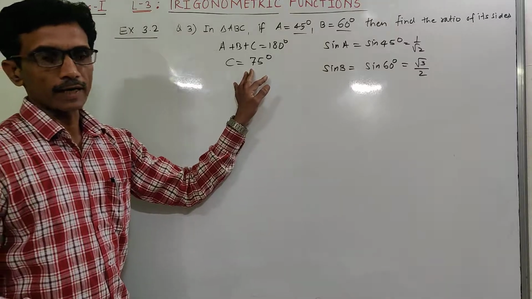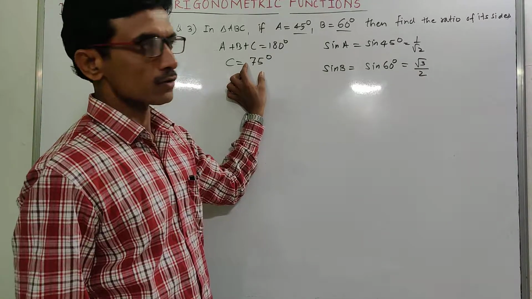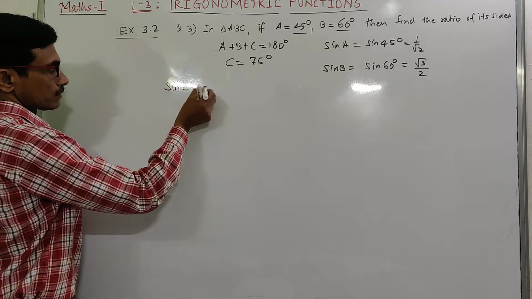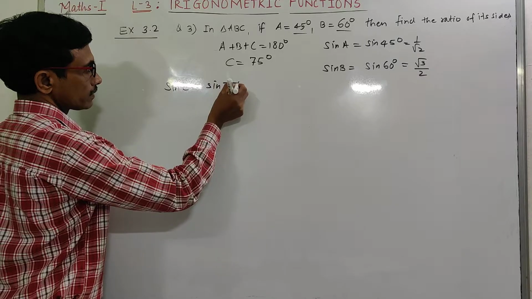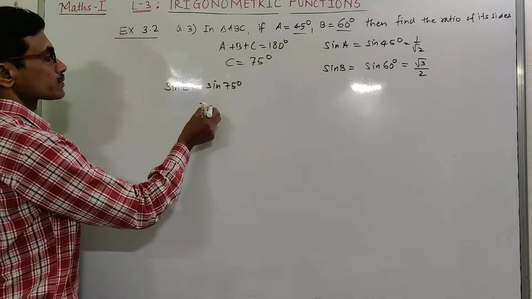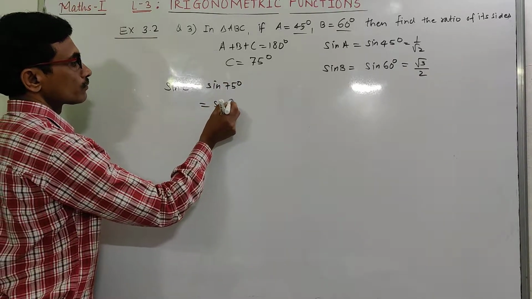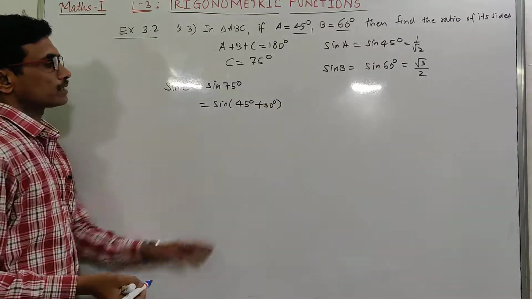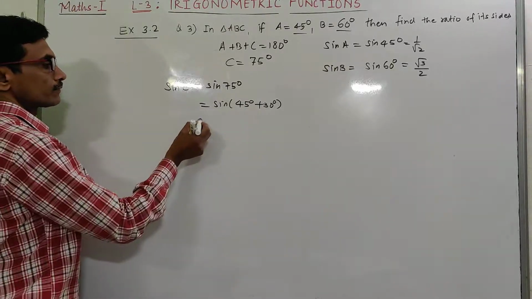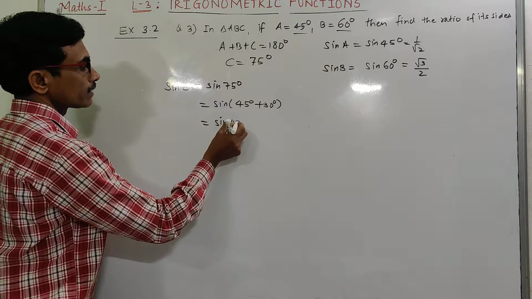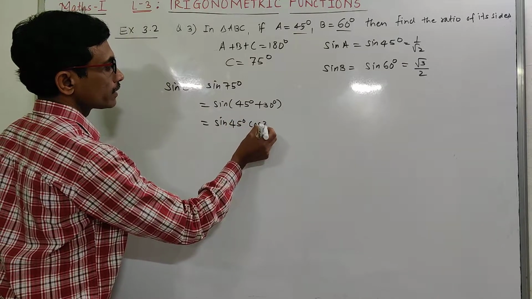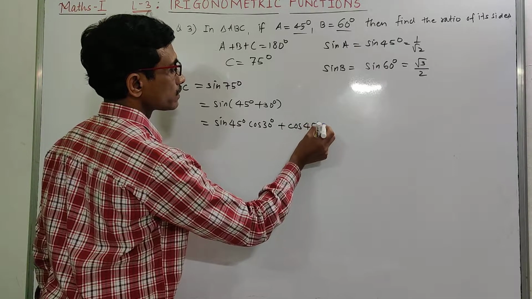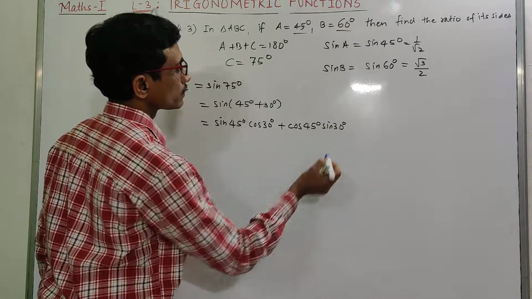C is 75 degrees, which is not a standard angle. So let's find sine C, which is sine of 75 degrees. We will express 75 degrees as 45 degrees plus 30 degrees, and sine of A plus B is sine A cos B plus cos A sine B. Sine 45 degrees into cos 30 degrees plus cos 45 degrees sine 30 degrees.